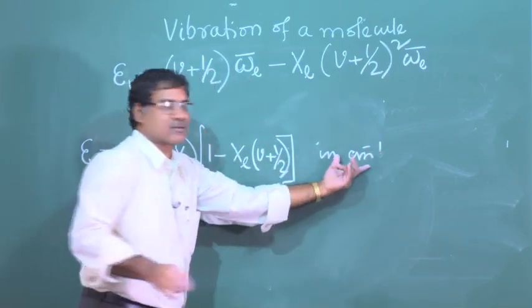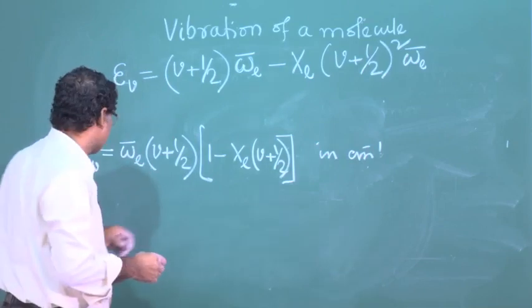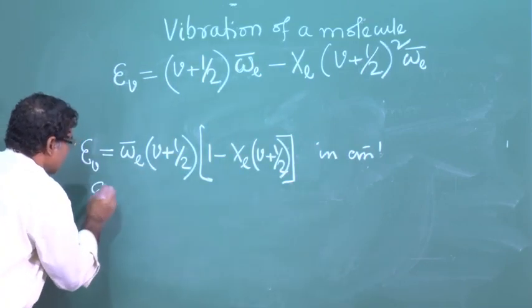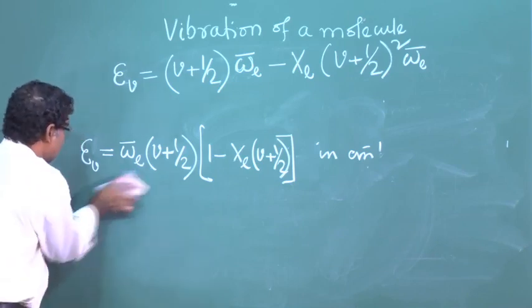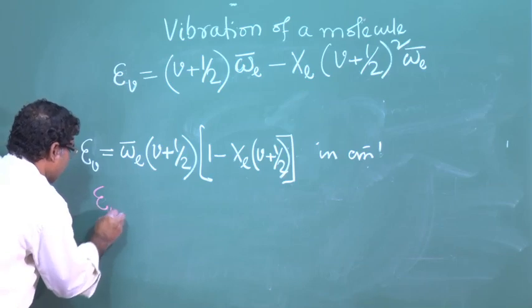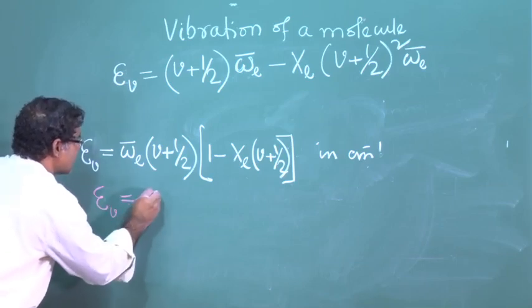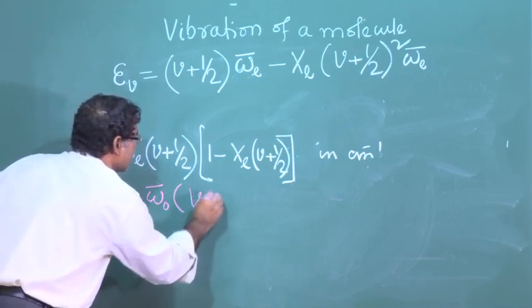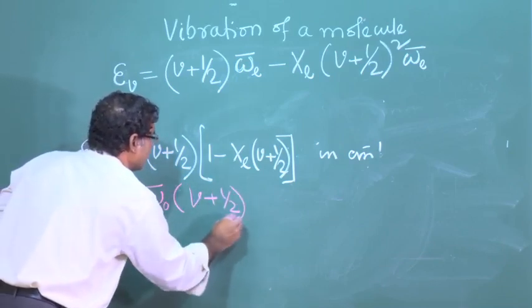This is just to show that it is in terms of wave number. And for the harmonic oscillator, what we saw was that the energy expression was omega 0 bar times V plus half.